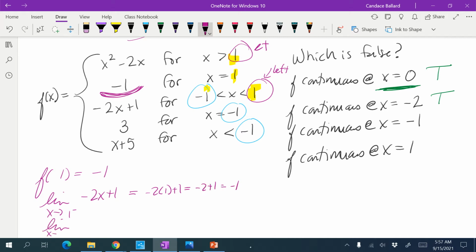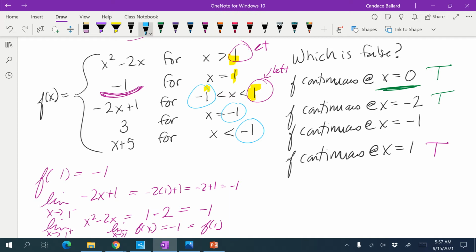And we've got the limit as x approaches 1 from the right of x squared minus 2x, which is going to be 1 squared is 1, -2 times 1 is -2, so we get -1. So it does look like the limit overall at 1 is -1, which also equals f of 1. So that is a true statement. So hopefully this other one comes out to be false.